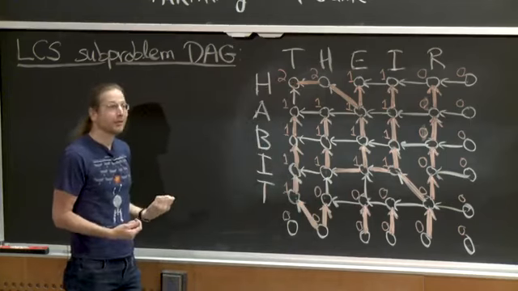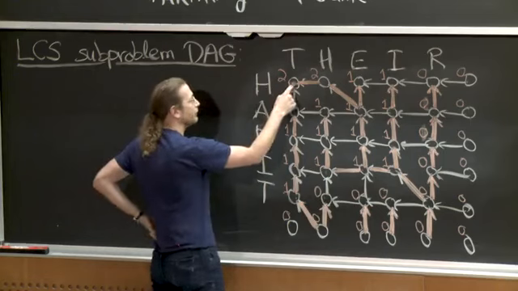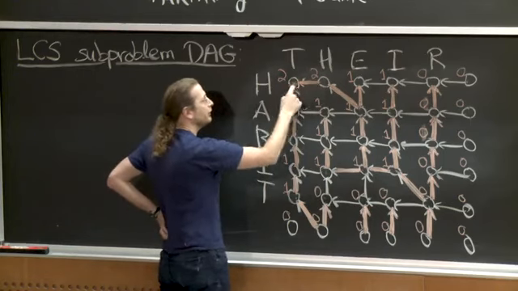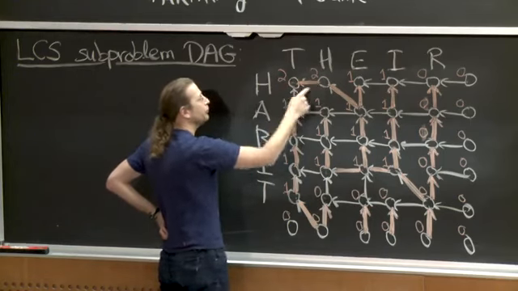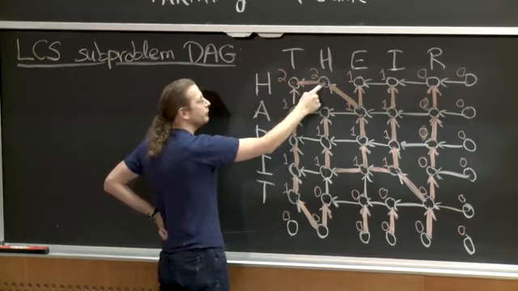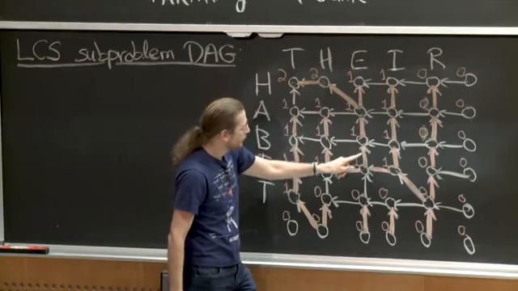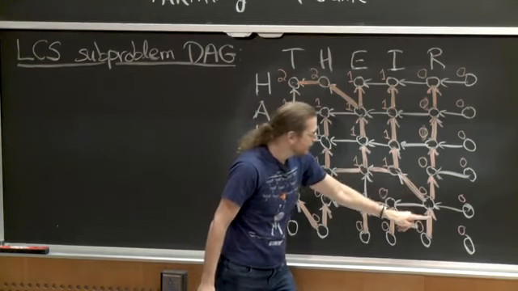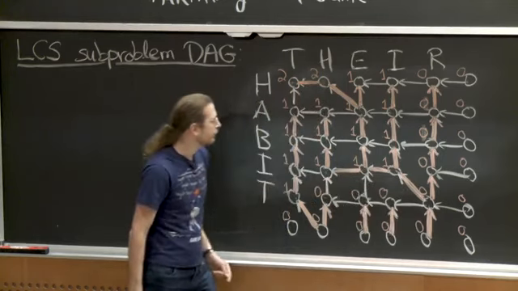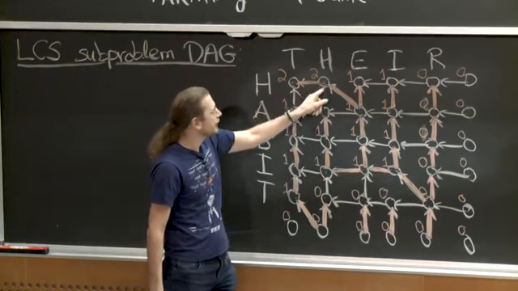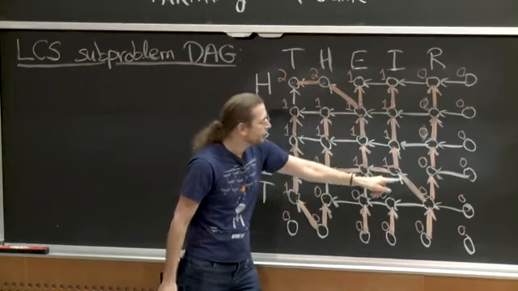And now if we pay attention to where we came from, for example, this vertex had to come from this direction. 2 is the max of 2 and 1. So I highlight the 2 edge. And if I follow this path, there should be a unique path to some base case. We don't know which one. And in this case, the diagonal edges correspond to my matching letters.